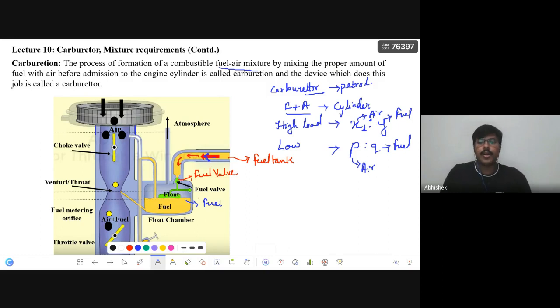Because we want a certain level of fuel, let us say this level is H, always present in the float chamber. Once it comes below this, the float valve acts. This is just like how our overhead tank works.